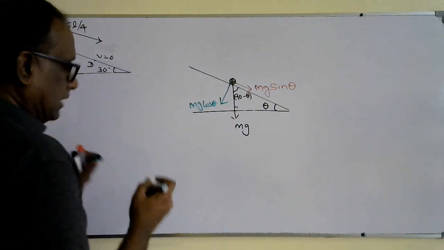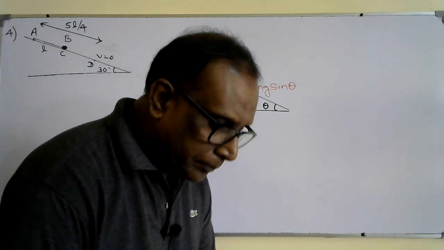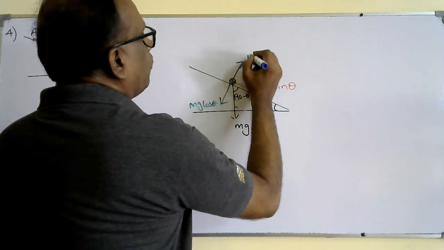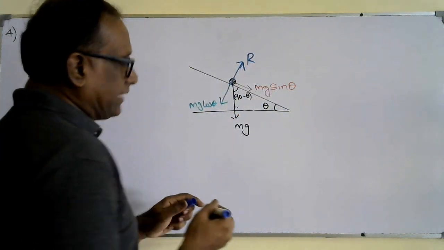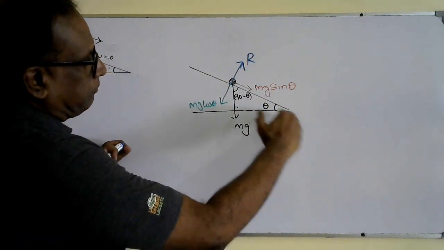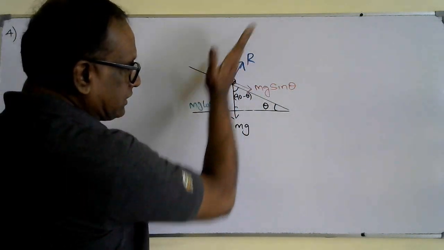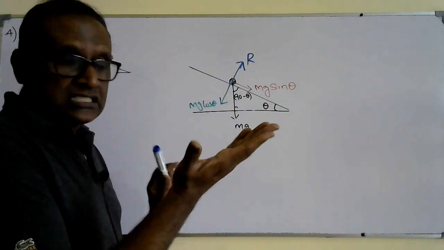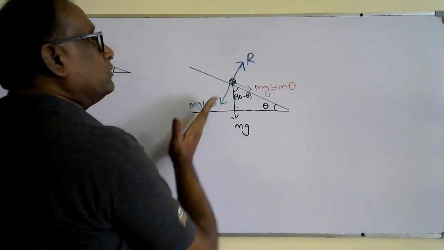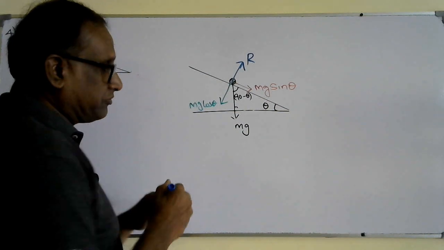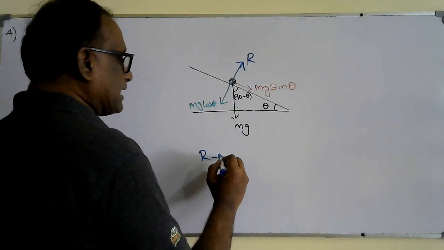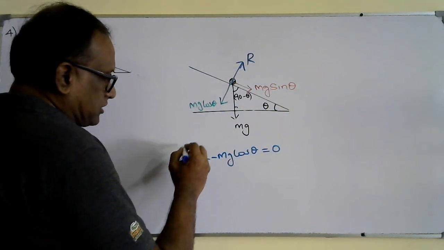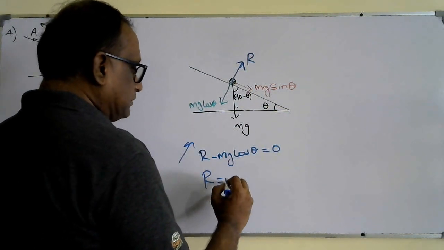Remember these components. Then the normal reaction will act perpendicular to the slope. Whenever the particle or ball is moving along the slope up or down, there is no motion perpendicular to the slope. Therefore, according to Newton's first law, perpendicular to the slope there should not be any resultant force. Means R minus mg cos theta equals 0, so R equals mg cos theta.